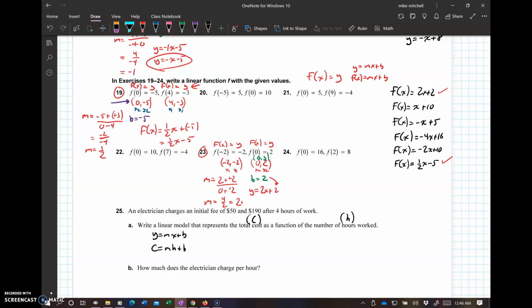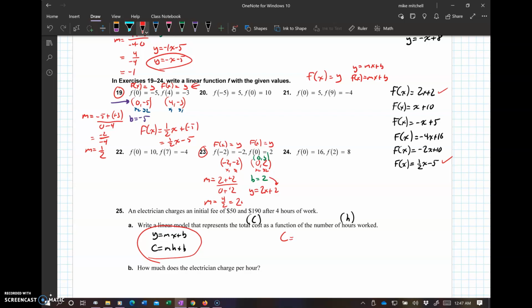Okay, this one, the letters we use are by choice. We can replace them. This one, they want to find the total cost for hours of work. I put our C and our H in over here, and you can see how that's related to our y equals mx plus b, as I said, our most important form. Okay, so an electrician charges an initial fee of $50 and $190 after 4 hours of work.